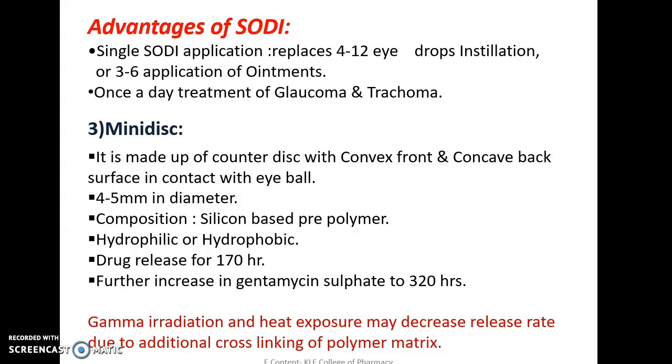The minidisc is made up of a contoured disc with a convex front, 4 to 5 millimeters in diameter, and its composition is a silicone-based prepolymer. Drug release lasts for 170 hours, and with gentamicin sulfate it increases to 320 hours.